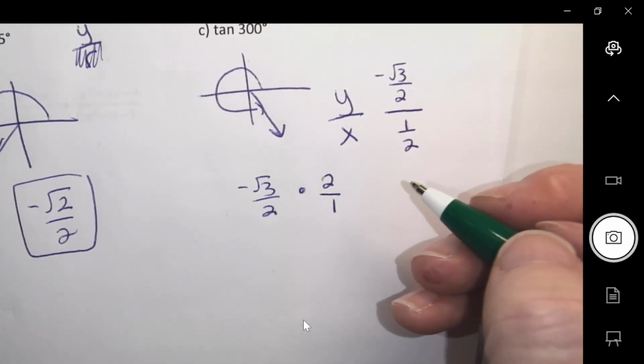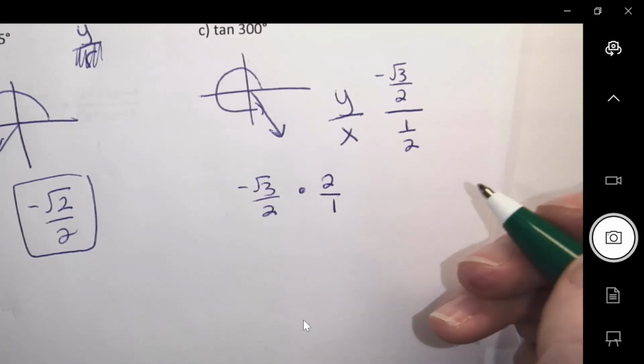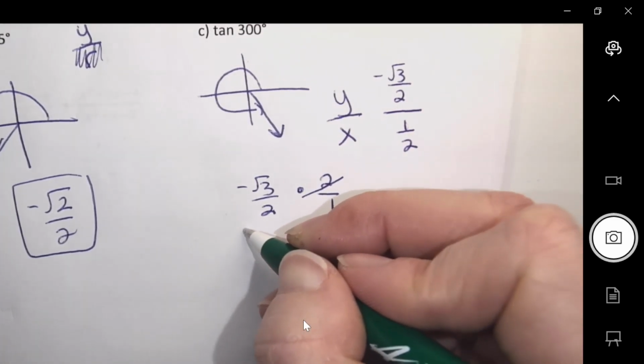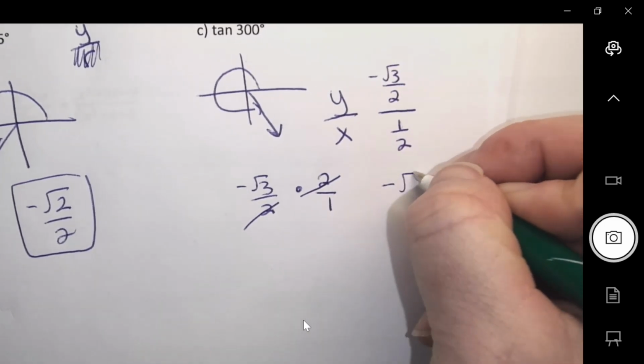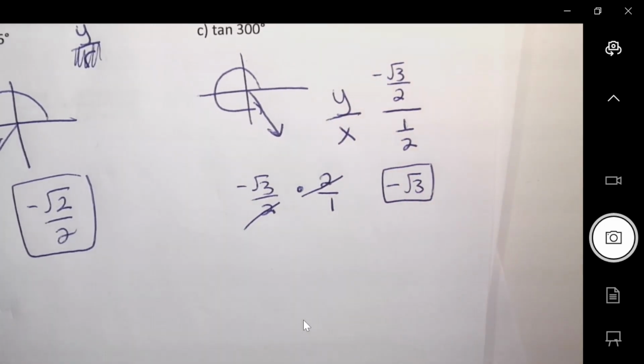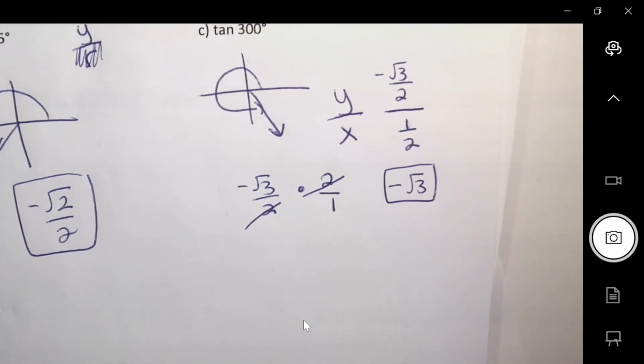You just multiply. Oh, the 2s cancel out. 2 on the top, 2 on the bottom. Remember that rule? So my final answer is negative root 3, and I don't need to write over 1. But if it was the other way around, I would need to have 1 over that, right? If it had been the other way.